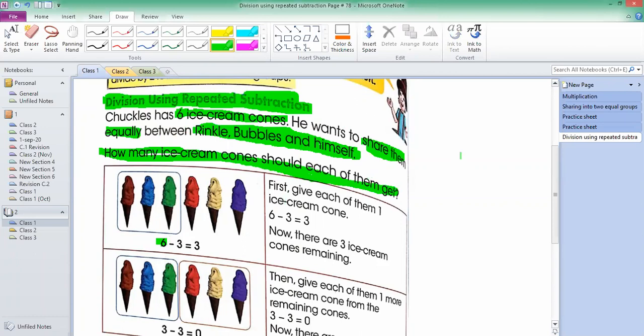So I will write here 6 minus 3, because I gave one to Wrinkle, one to Bubble, and one to Chuckle. When you subtract 3 from 6, how many ice cream cones will be left? 3. Yes, 3.